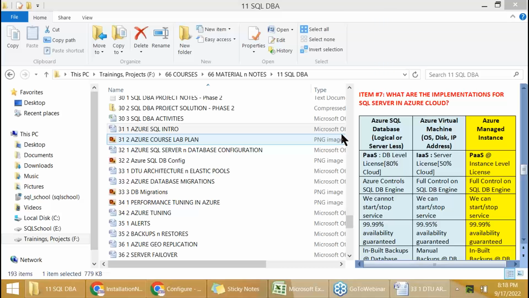The Azure SQL Server is logical server only. The other one is VM, virtual machine. The third one is the managed instance, right? You remember that now, everyone.